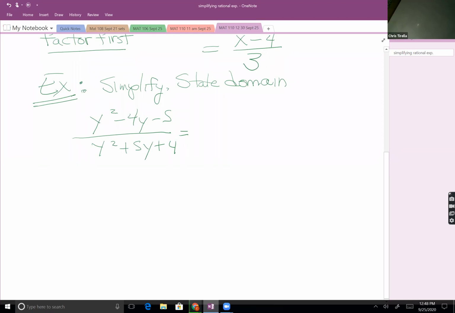Are you folks all right with that simplifying, with that factoring? Nobody's talking to me. Is everybody all right with that last example? I'm good with it. Everybody else okay? Yeah, I'm good. Okay.